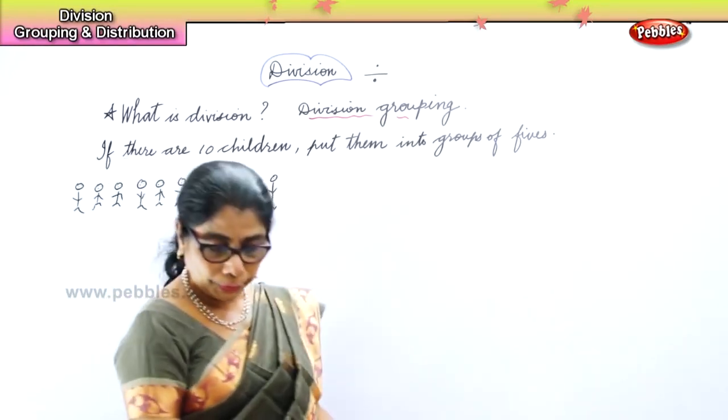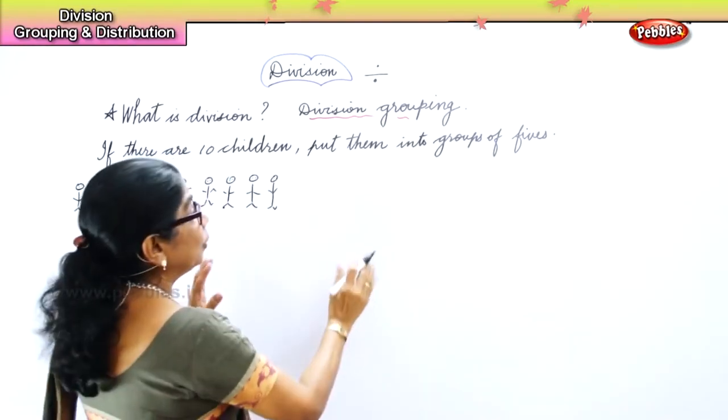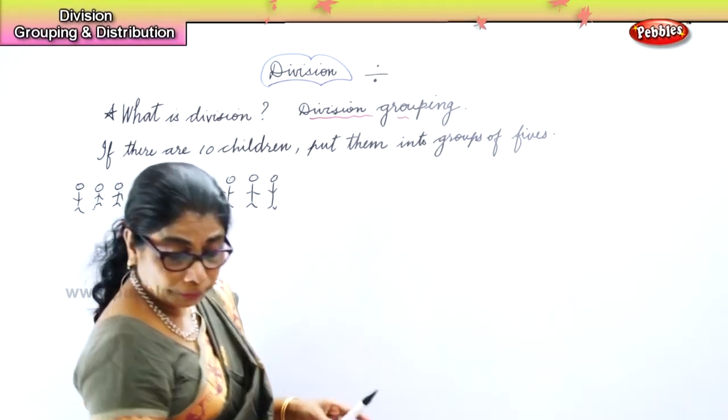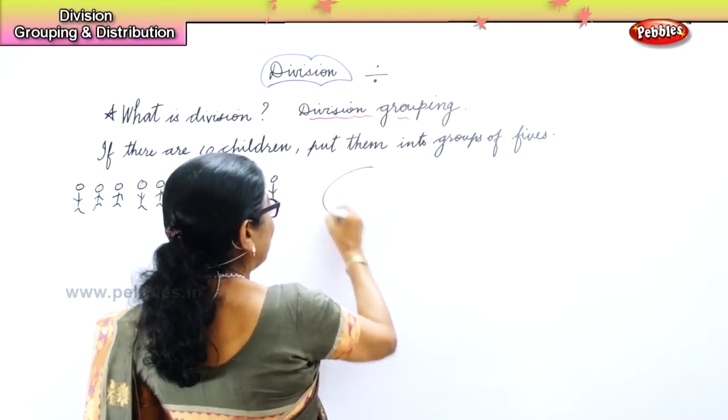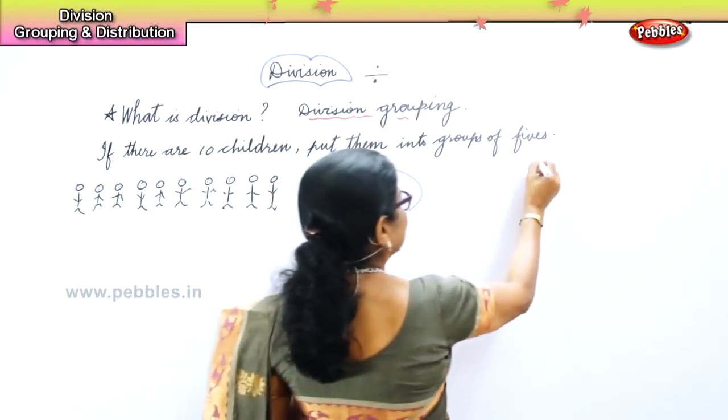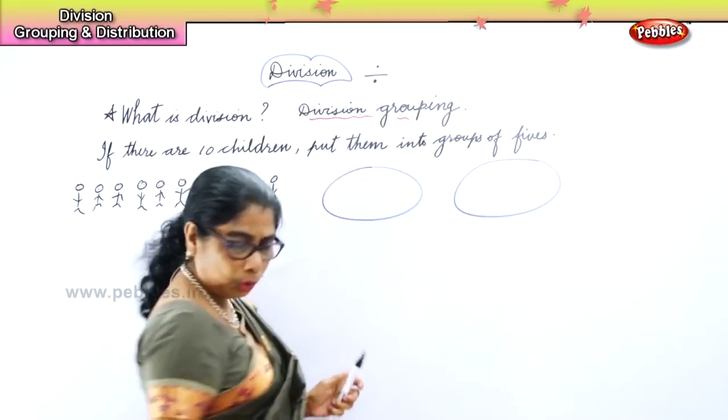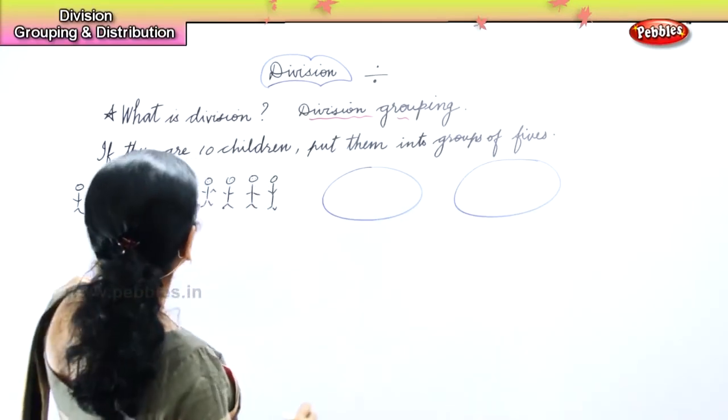So now we're going to have 2 groups. Let us put them one by one and group them up. How many in each? There should be 5.